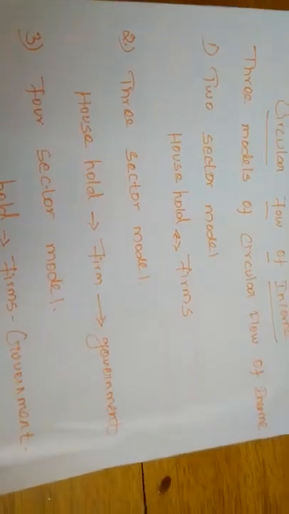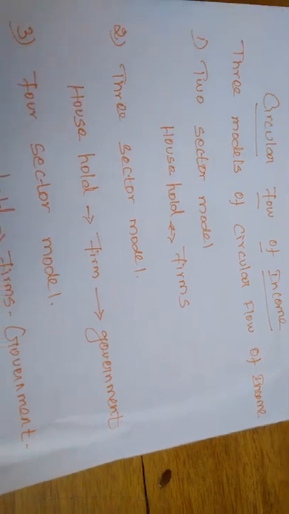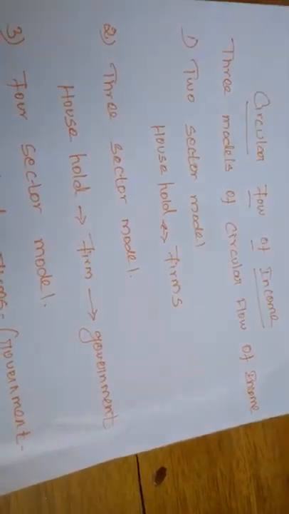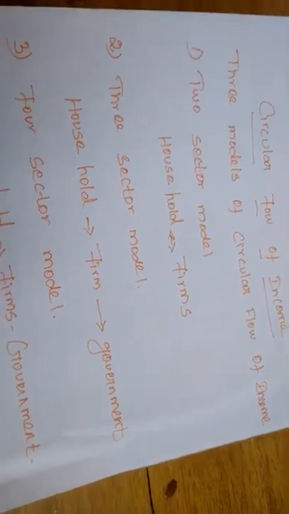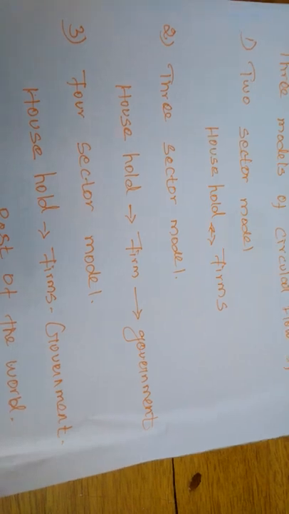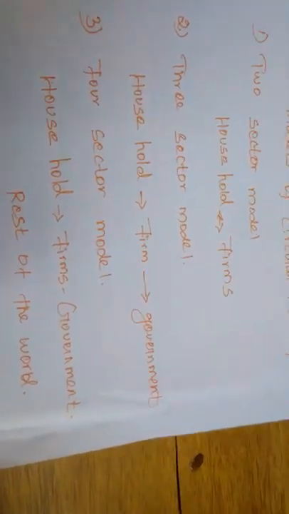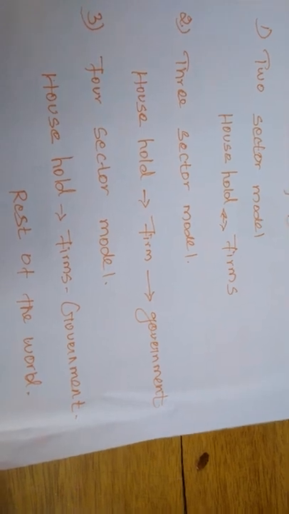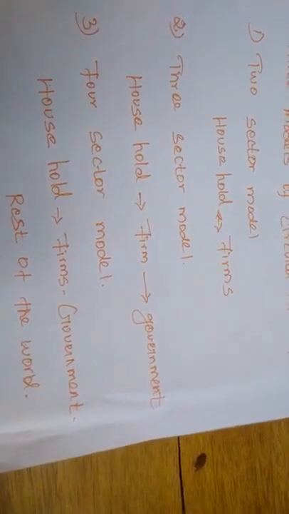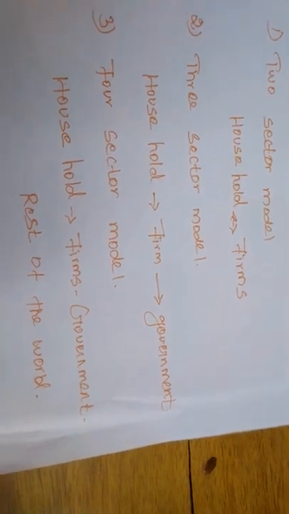Normally, there are three models of the circular flow of income: the two sector model, the three sector model and the four sector model. You have studied this already, right? In the two sector model, what are the factors? Household and firms.